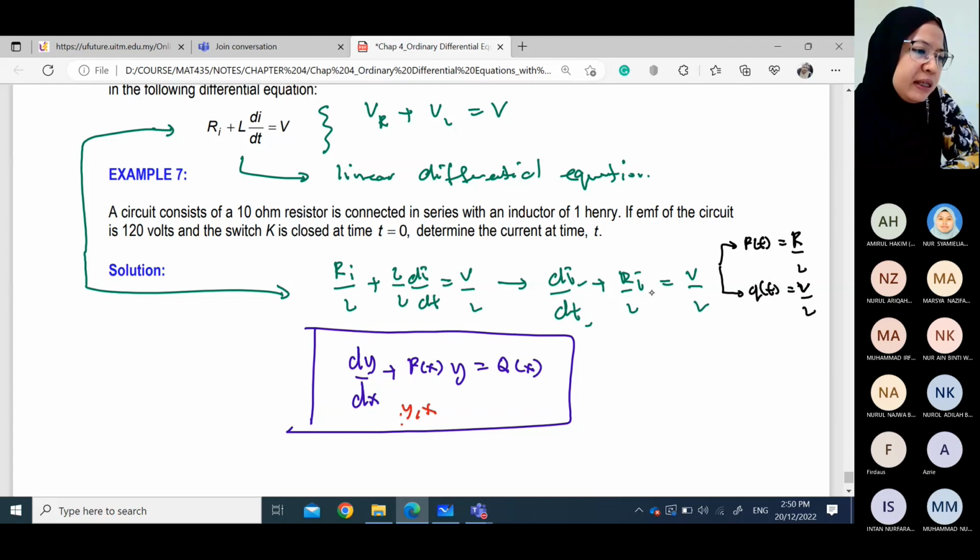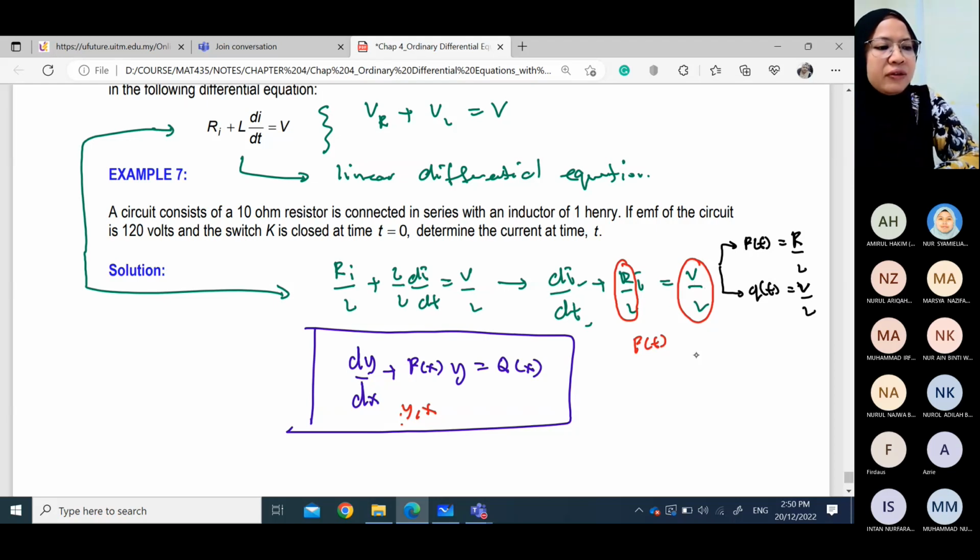P of T here is this one, and I is a variable. And this one, V over L, is our Q of T.